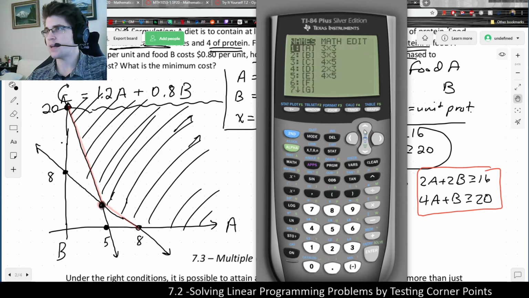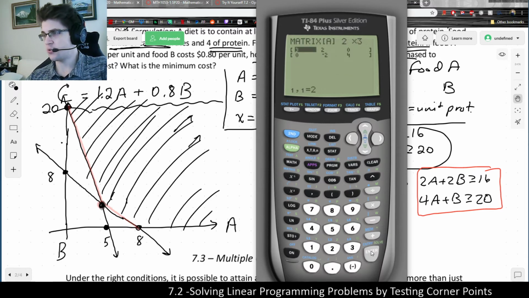So I'll go ahead and type my matrix in my calculator, which should have coefficients 2, 2, 16, 4, 1, 20. And if I quit, I could go to matrix math, RREF matrix A, and this should solve my system for me.